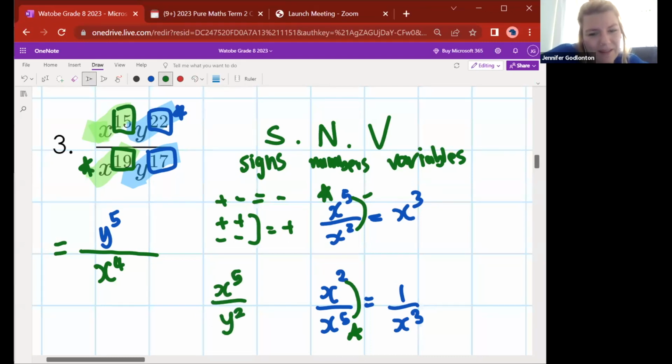Is it possible, ma'am, that I can also do the same thing as you did on the other one? Can you explain what you mean? There's nothing further you could do there, because they don't have the same base. This has got an x and this has got a y. If they were both x's or if they were both y's, then you could. If that helps. Okay, thank you, ma'am.